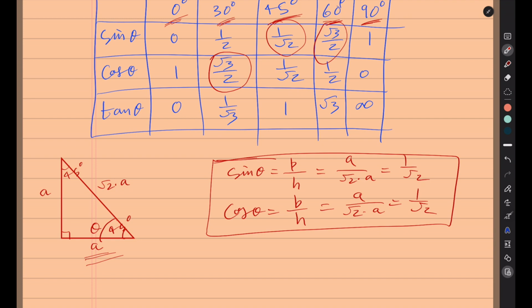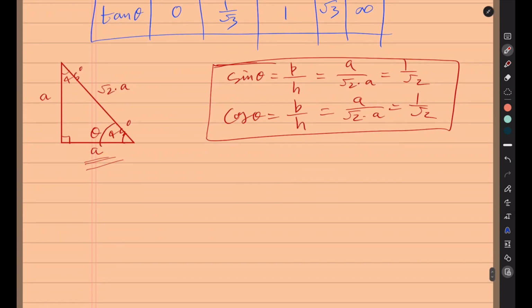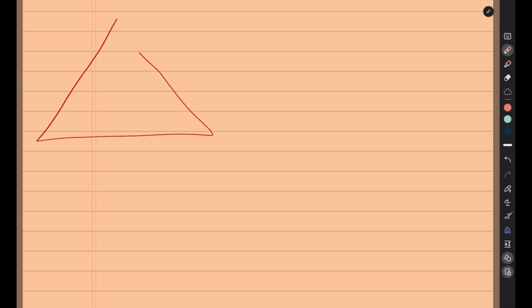Let us try to find out this 60 degree angle. For that purpose, we can take advantage of an equilateral triangle. You know what an equilateral triangle is? It is a triangle whose all angles are the same.